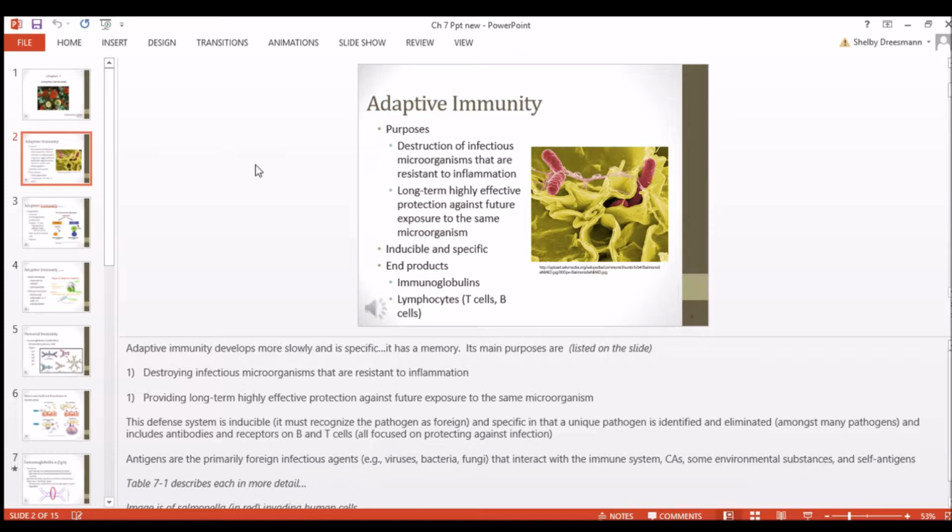So it destroys infectious microorganisms that are resistant to inflammation, and provides long-term effective protection. This defense system is inducible, so it must recognize the pathogen as foreign, and is specific and unique in how the pathogen is identified.